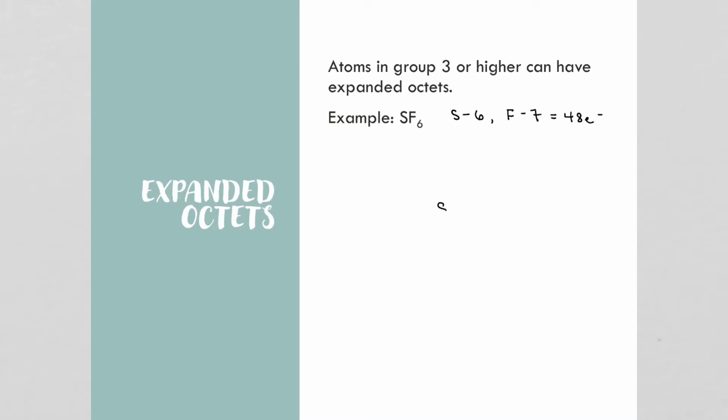So we have sulfur, and then we're going to draw 6 fluorines around. 1, 2, 3, 4, 5, 6. So the first thing is we'll put our bonding pairs around like so. So that's 2, 4, 6, 8, 10, 12. So we still have 36 to distribute.